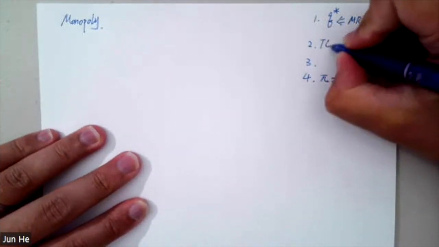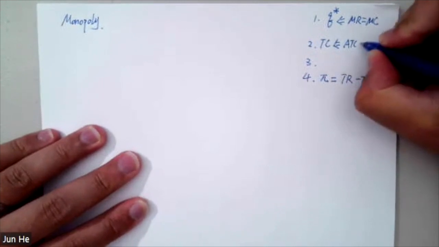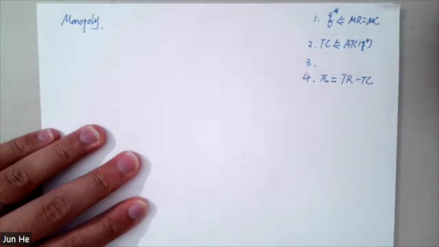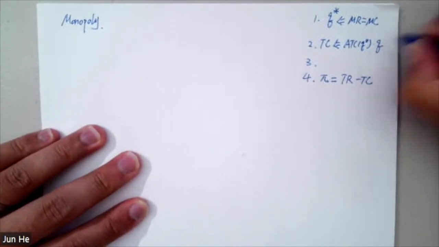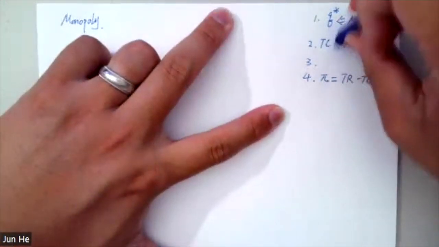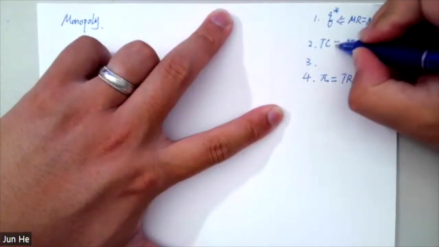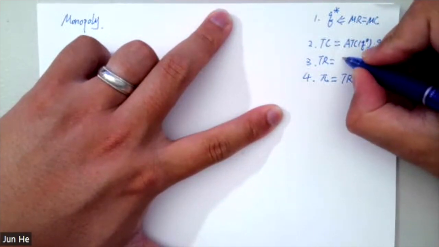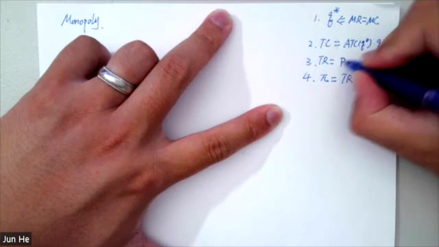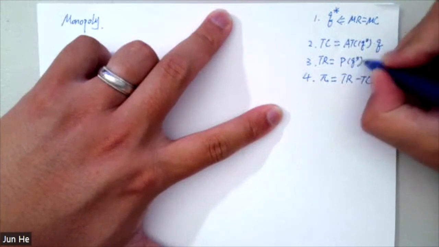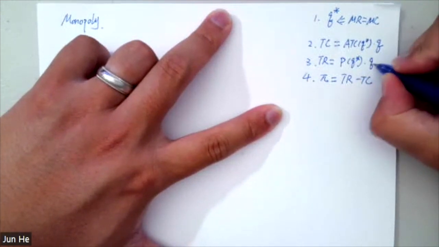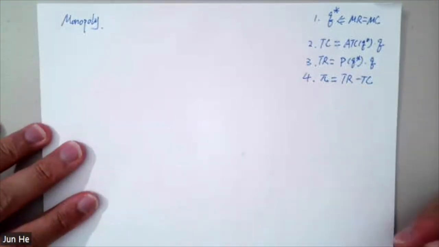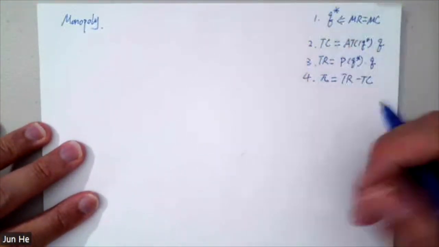So we have to find the total cost, finding the average total cost at the current level of production multiplied by Q. So that's what the total cost is. And the total revenue is the price at the current level of production by Q. Okay, so these are the 4 steps.